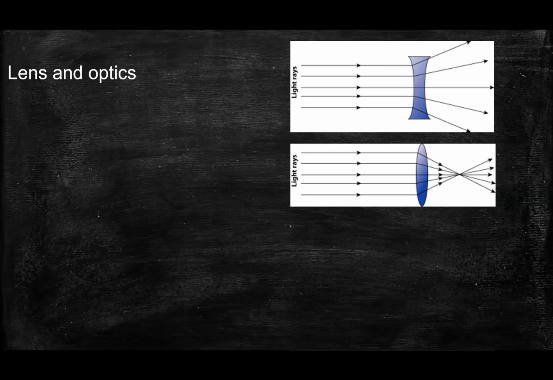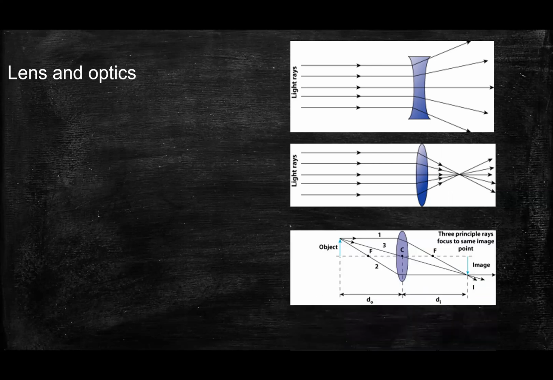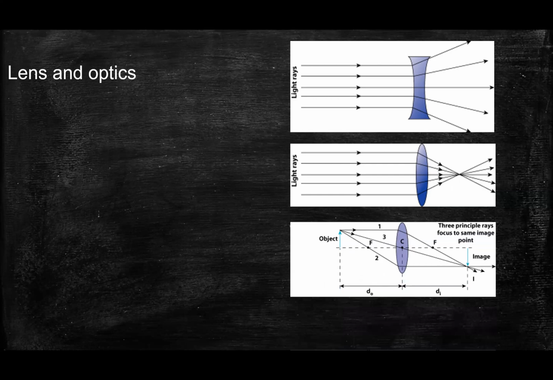Now, when any light ray passes through the lens, just like it is for the raindrop, we will have refraction occurring. And this refraction is going to dictate how the rays actually meet. So for example, with our convex lens, we have a certain point at the center of the lens that we call the principal axis.